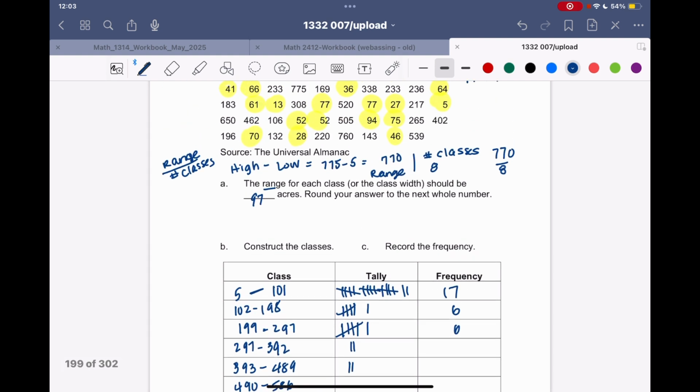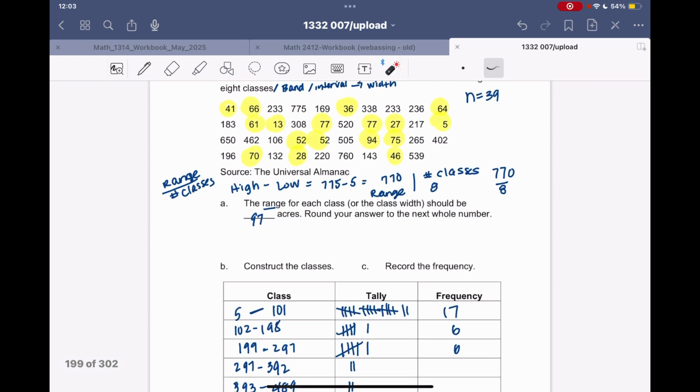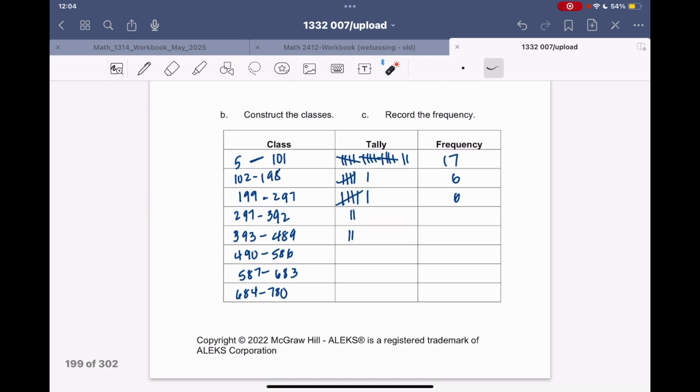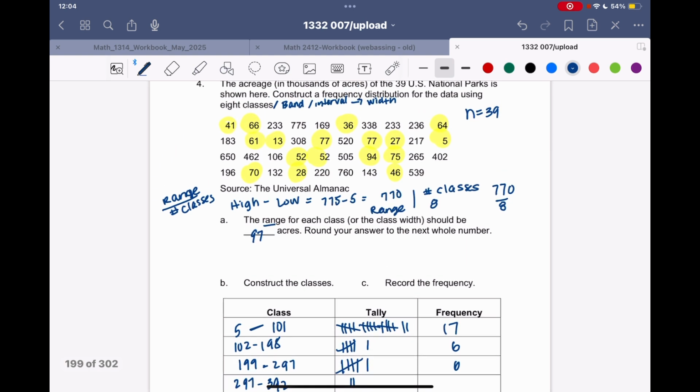Then 490 to 586, I count 1, 2, 3. There we go. Then 487 to 683, or rather 587 to 683, is 1.